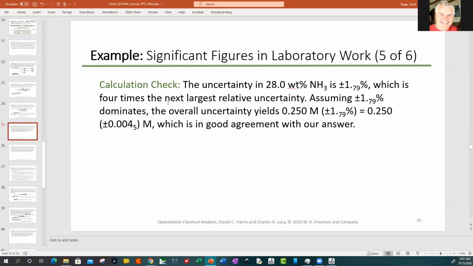So let's go ahead and do this one as unsolved. What we're trying to do is find out the random uncertainty in a 0.25 molar solution.